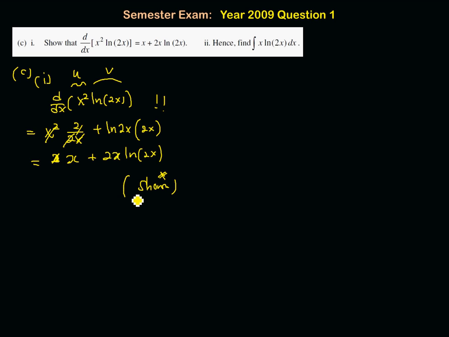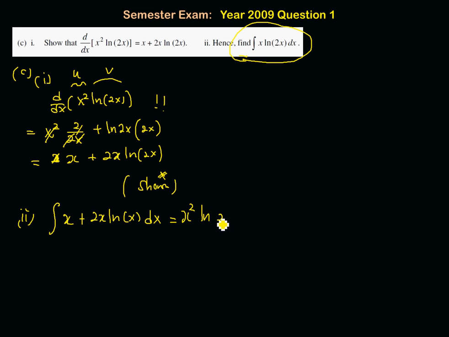And now how about part 2, and hence find this. Now what they're trying to say is you don't have a choice. Please use part 1. Because differentiating this, you get this answer, and that means if you integrate this with respect to x, you get this answer, x squared ln 2x plus c.